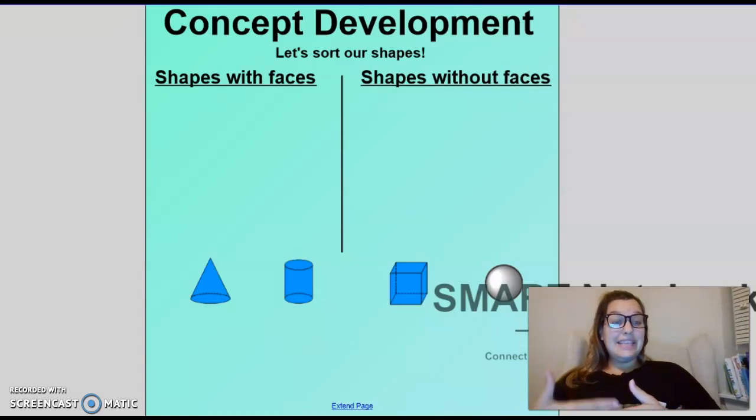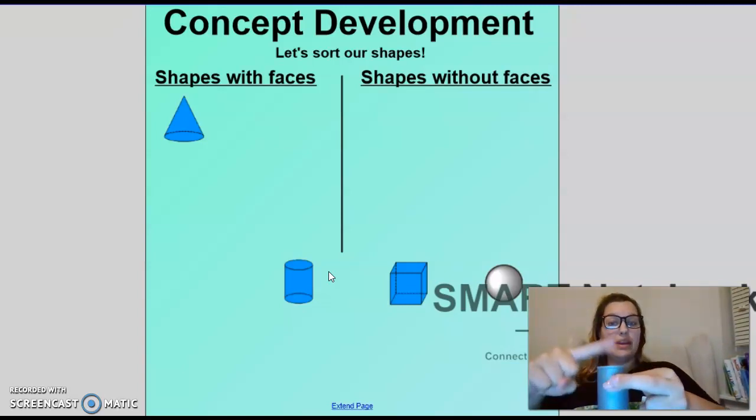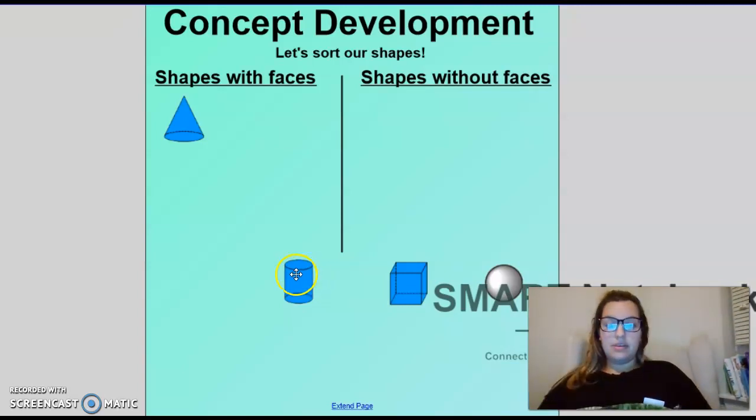So we are going to continue classifying or sorting our shapes. So looking at our cone here, does it have any faces? Yes. Just how many? 1. The circle on the bottom is a face. Coming over to our cylinder, does that shape have any faces? Yes. It has 2 circles. 1 up top, 1 down below.